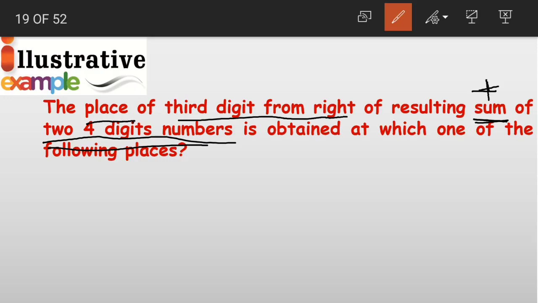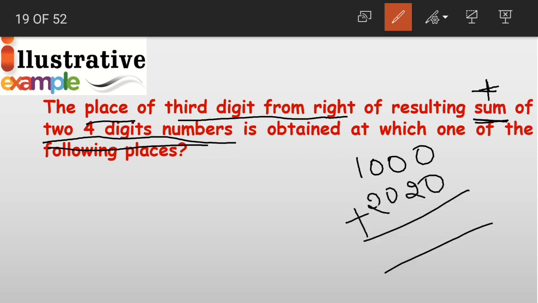Okay. Let us take any two numbers for example. Say 1000 and another one is 2020. When we add these two 4-digit numbers, the answer will be 3020. Yes.